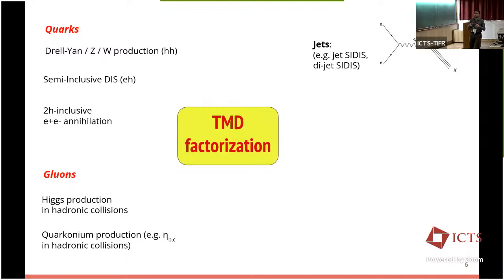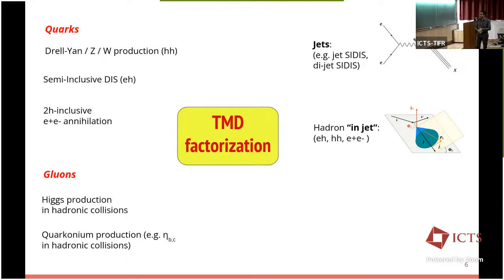But jets in the context of TMD measurements have become popular in the last 5 years, I would say. So you can have semi-inclusive DIS with a jet in the final state rather than a single hadron, or you can also measure two jets. It's like having one hadron or two hadrons in the final state. You are more inclusive, you just measure a jet.